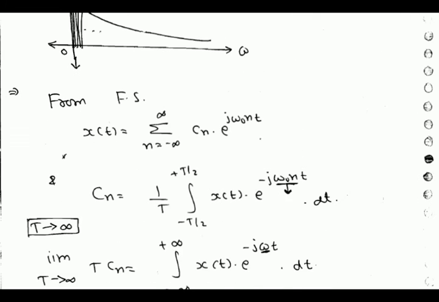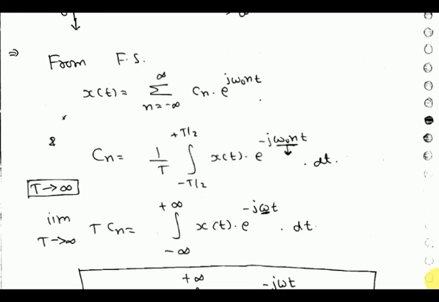So how will we derive the formula for the Fourier transform? From the Fourier series formula we know that x of t equals the sum from minus infinity to plus infinity of Cn e to the power j omega naught n t. Cn equals this formula we know. If T tends to infinity, take T to the left side and take the limit, you will find it like this.